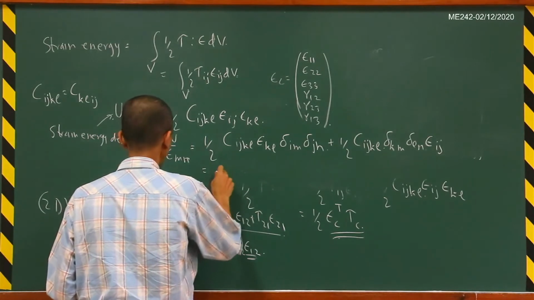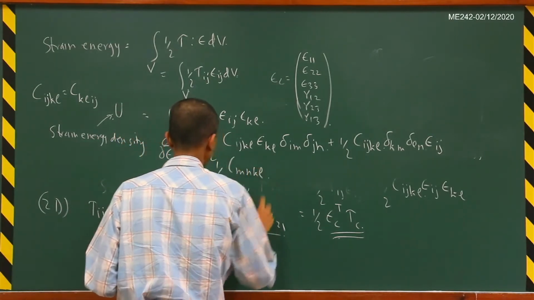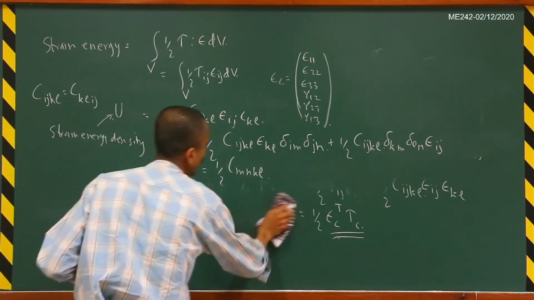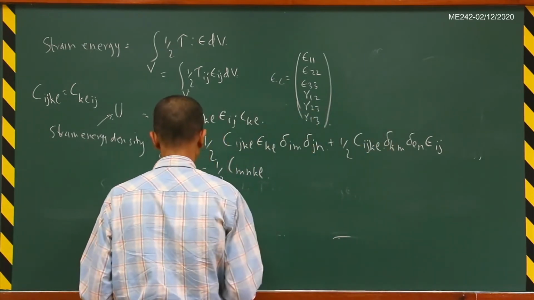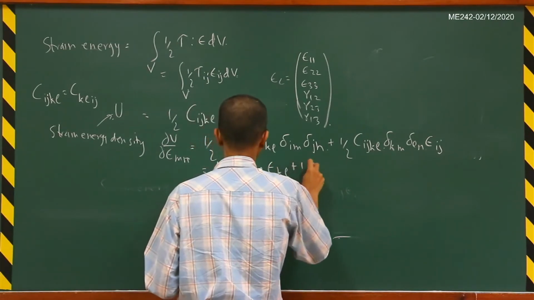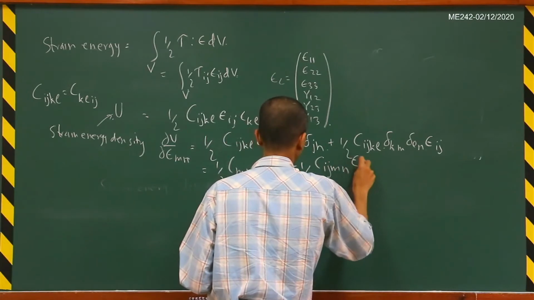This is equal to half of C_mnkl epsilon_kl plus half of C_ijmn epsilon_ij.